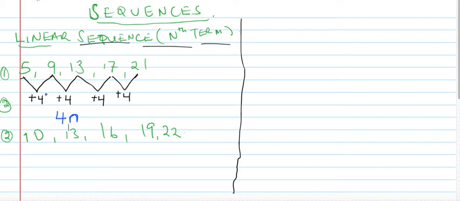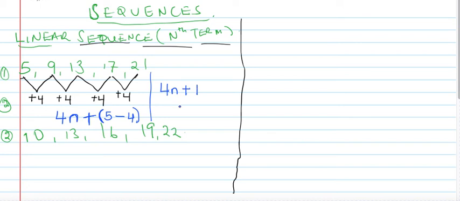Then we add on, in brackets, always the first term minus the rule. With that you conclude that the nth term will be 4n plus 1.